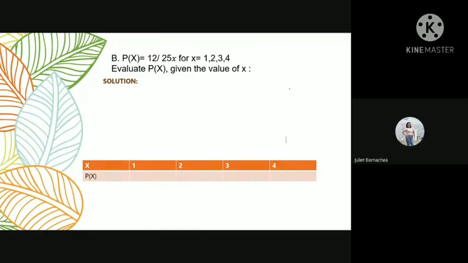Nabura lahat. Ulit. 12 over 25 plus 12 divided by 2, 6 over 25 plus 4 over 25. 12 divided by 3, 4. 12 divided by 4, 3.